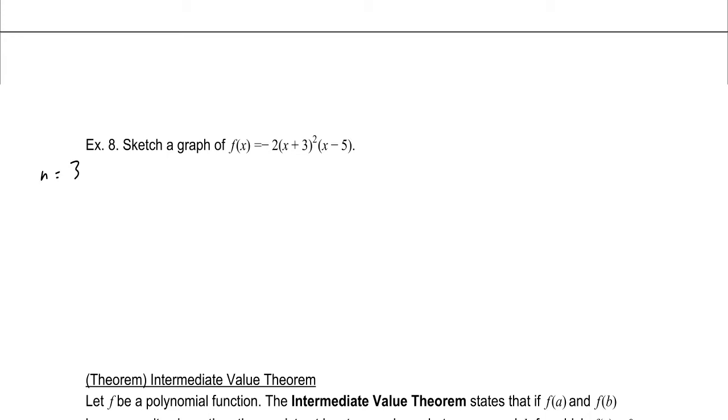Now let's make note of our leading coefficient. Our leading coefficient is -2. So we have an odd degree with a negative leading coefficient. Based on our end behavior diagram, the first thing we're looking at is the end behavior.